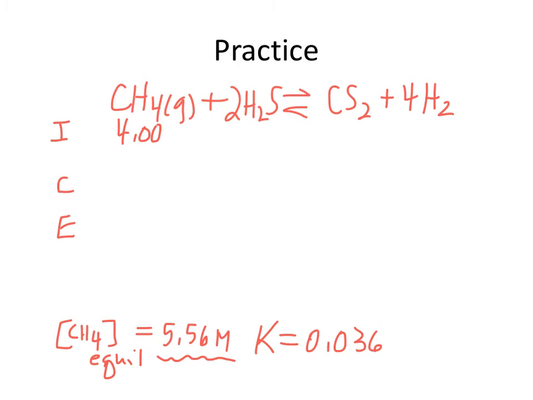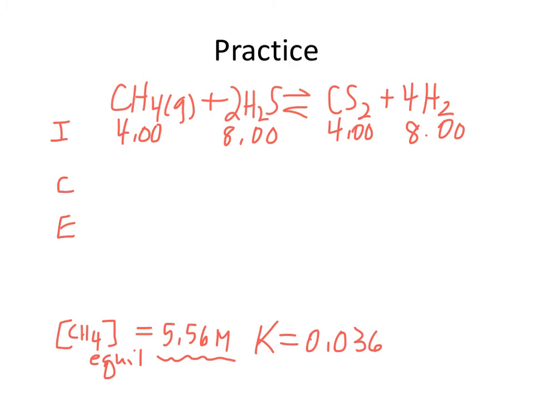We had 8 molar of dihydrogen sulfide. We had 4 molar of carbon disulfide, and we had 8 molar of hydrogen gas. Those are my initial concentrations. They were given to us at the beginning.